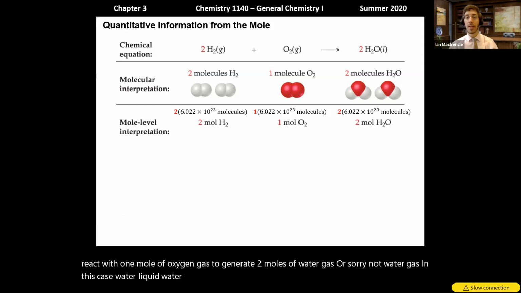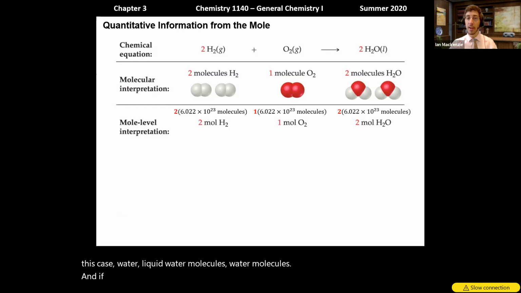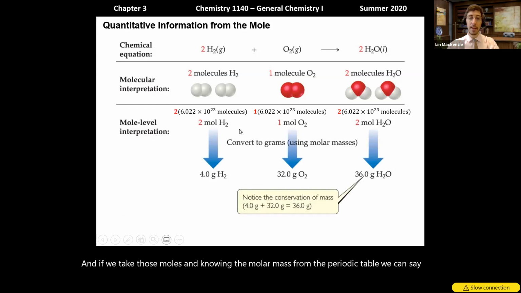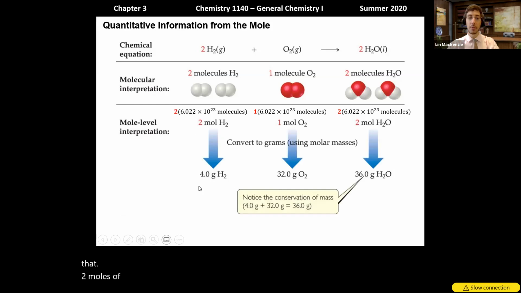molecules. And if we take those moles and know the molar mass from the periodic table, we can say that 2 moles of H2 gas is equal to 4.0 grams of H2 gas.